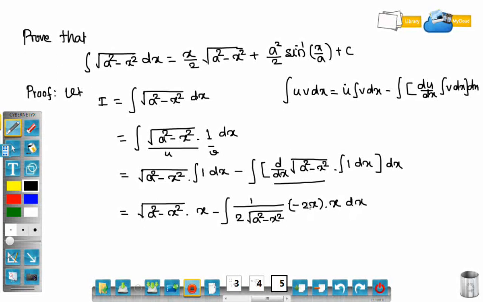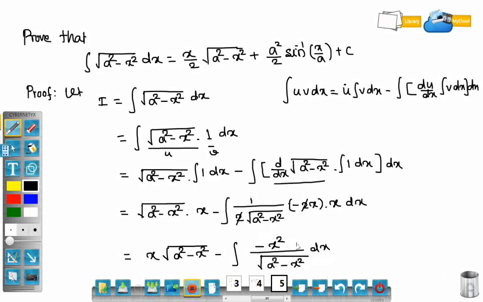Is that clear? Then this 2 and this 2 get cancelled. In the numerator there is minus x into x, meaning minus x square. So I can write this as x into under root of a square minus x square, with the minus outside as it is, minus the integral of x square divided by under root of a square minus x square dx.